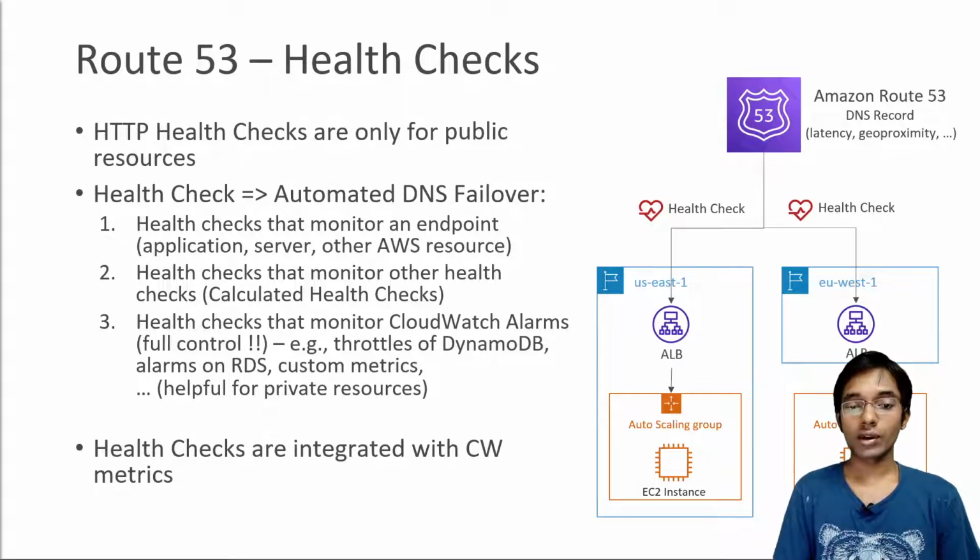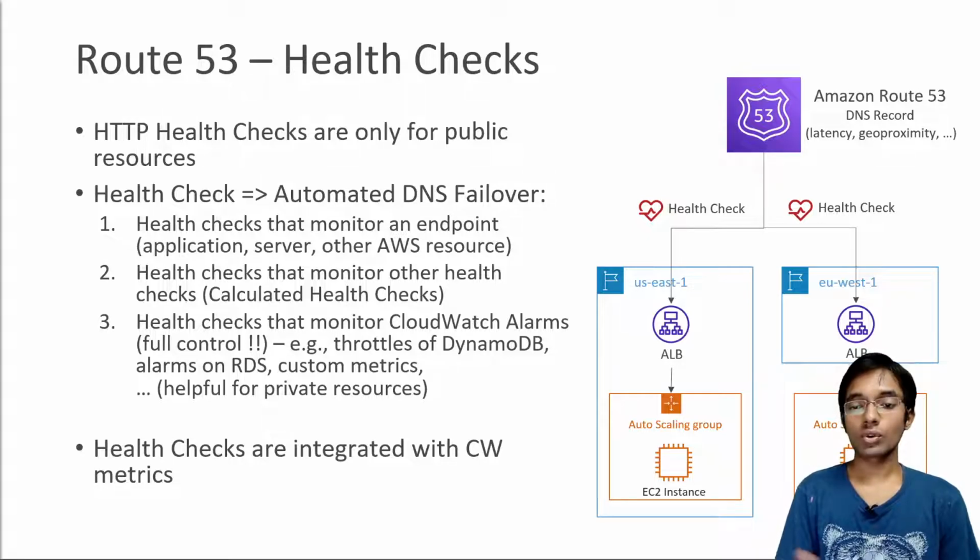So you have three kinds of health checks. You get health checks that monitor an endpoint's health, so an application, server, or maybe another AWS resource. You get health checks that monitor other health checks, called calculated health checks. And you get health checks that monitor CloudWatch alarms, which give you full control, because you can do whatever you want with a CloudWatch alarm.